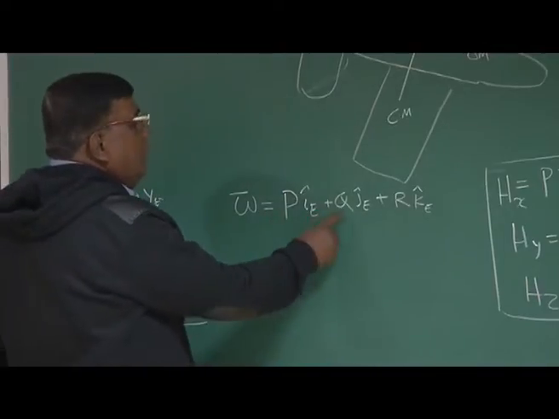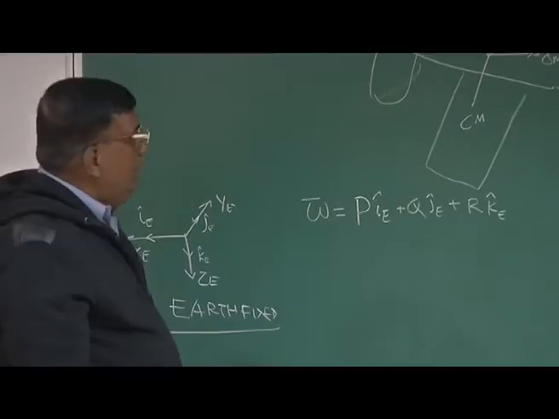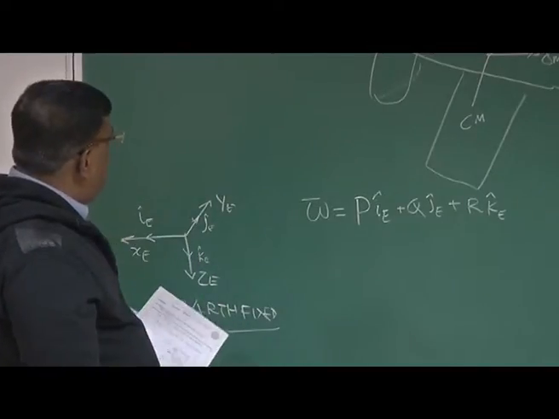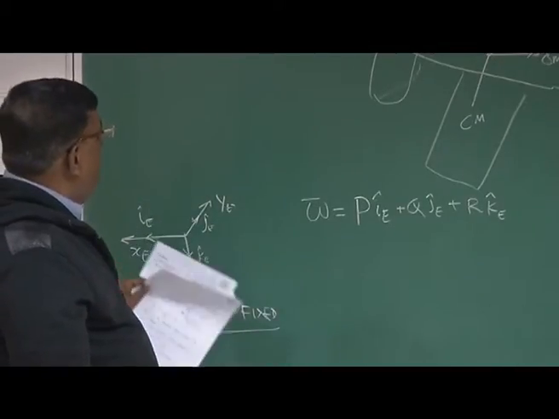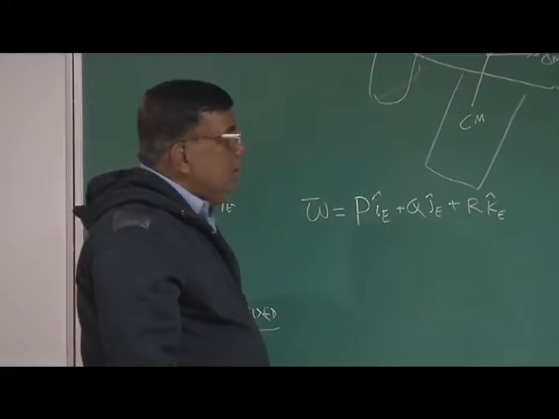What are P, Q, R? P, Q, R are the components of angular velocity omega along the inertial earth-fixed XE, YE, ZE axes, right? Okay, this is clear.